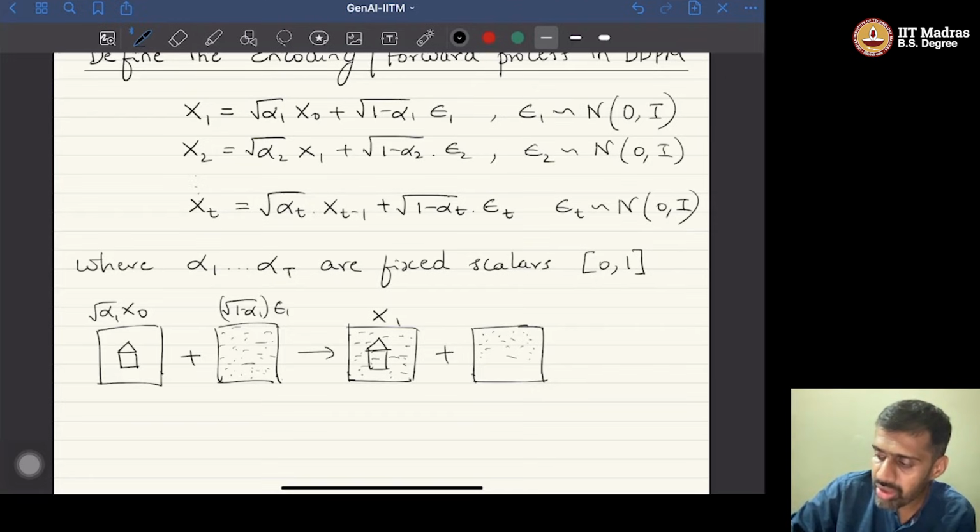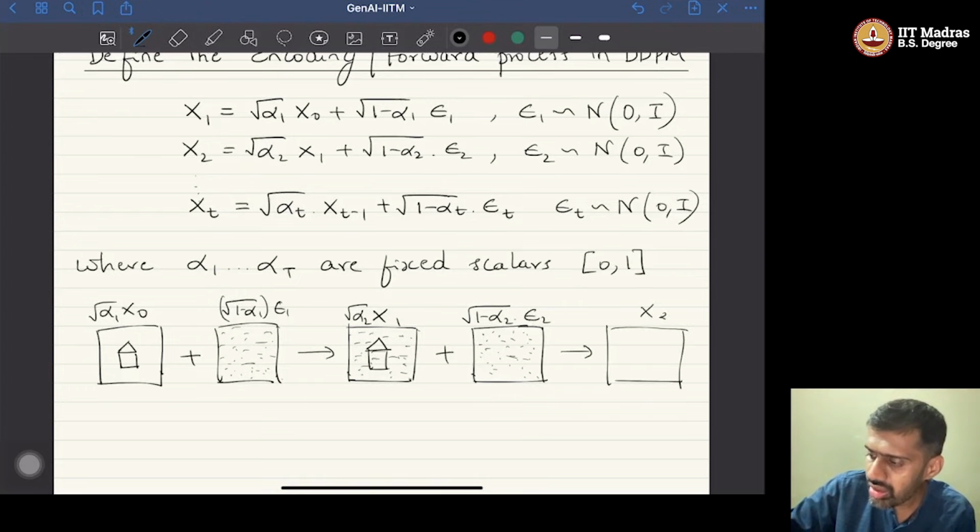That's why you can interpret all of these as adding noise. So this will be root of alpha 2 times x1 plus root of 1 minus alpha 2 times epsilon 2, where epsilon 2 is another sample, and we will get x2, which is the image with some more noise added.